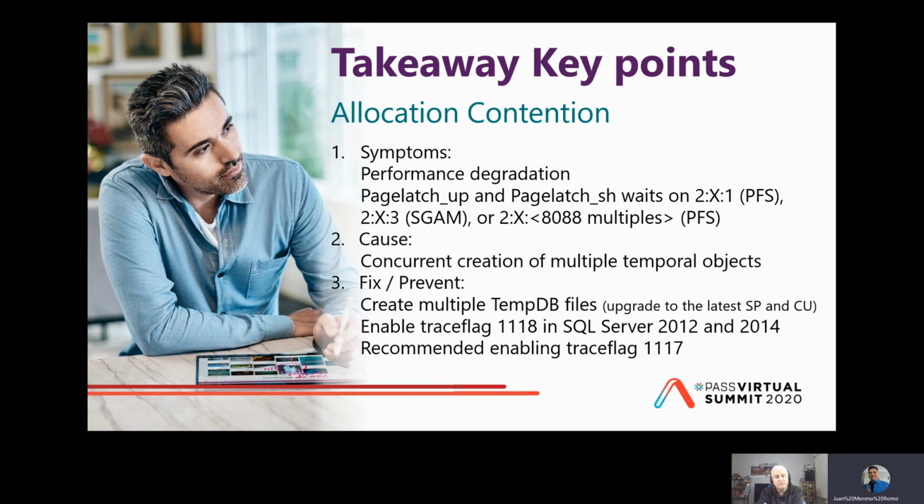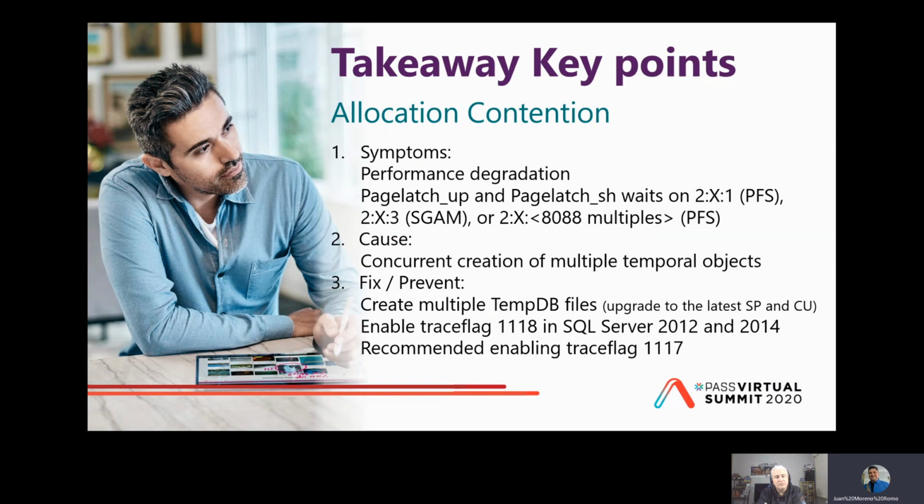Exactly. And in case you continue seeing tempdb contention despite having enabled multiple files, enable trace flag 1118 if you are running versions lower than 2016, I mean 2012 and 2014, because this trace flag changes, as we have explained, the way we manage the extents for the objects.